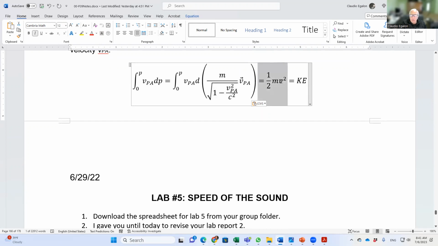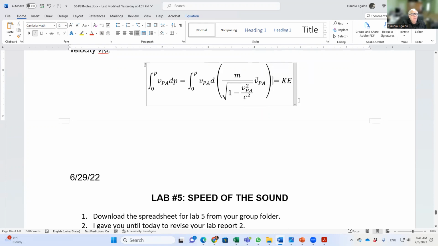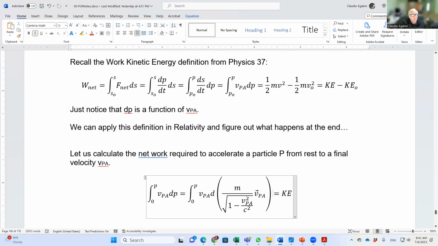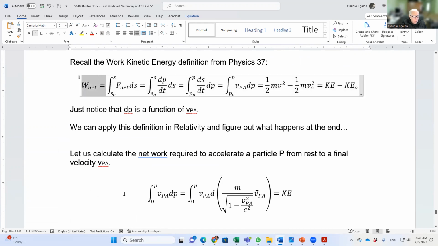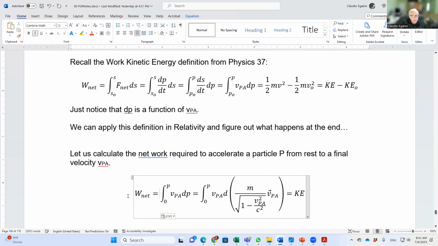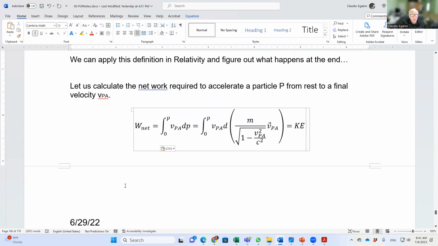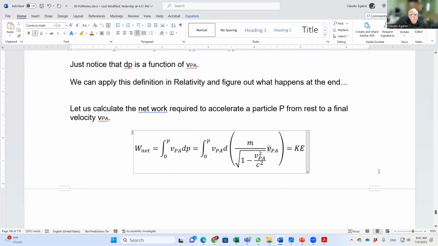Okay, and I don't need this term anymore. Don't forget, everything starts from the definition of work of the net force. This term here, because it's the rest mass, we can take it out. And by the way, we're not using the vectorial formulation. We are using the scalar formulation. That's a 1D case. The 2D case is more difficult, of course, just like it's more difficult in the Newtonian theory.